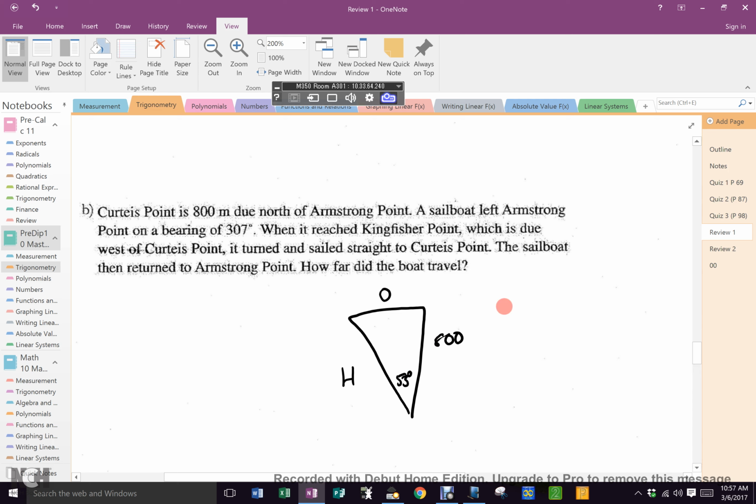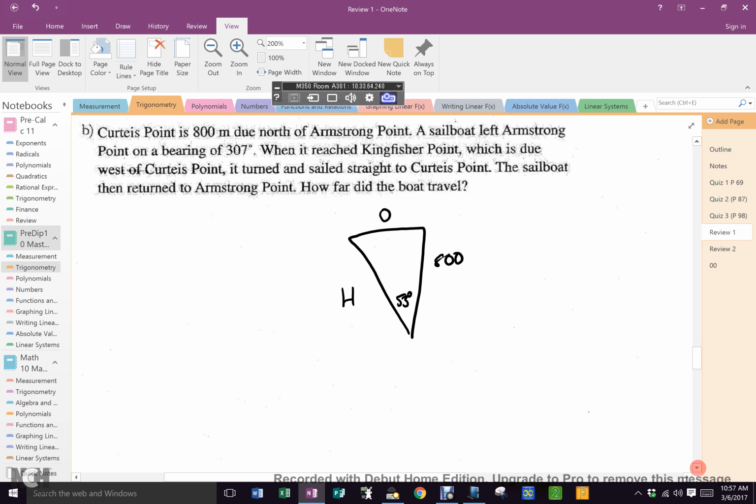And you would get the answer of, I think, about 1800. That's the triangle you need. You need a 53 degree because 307 is 360 minus 307. You need an 800, then you sort it out. Because directions don't matter, do they?